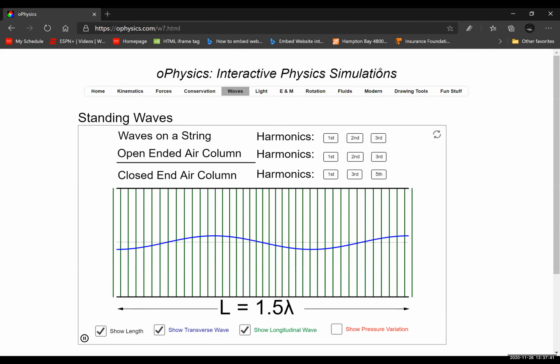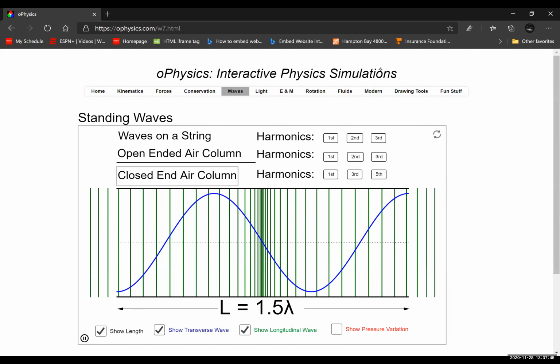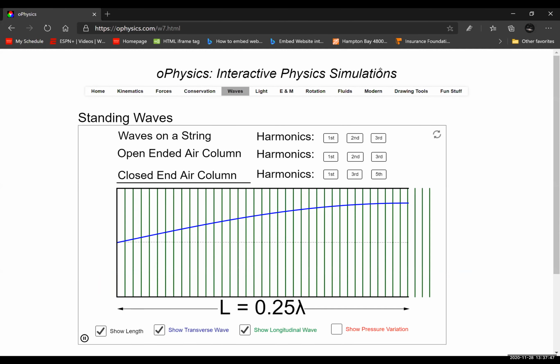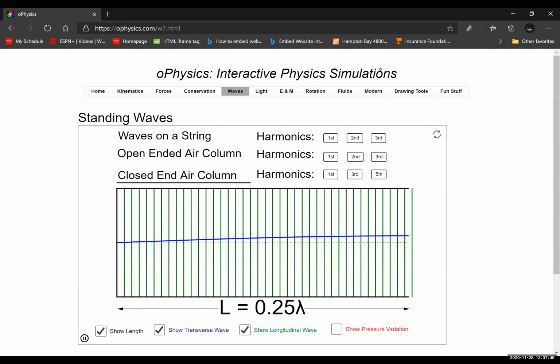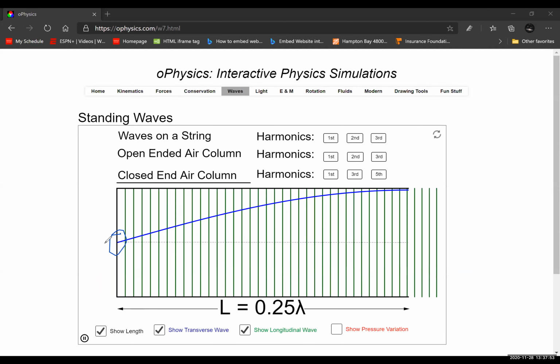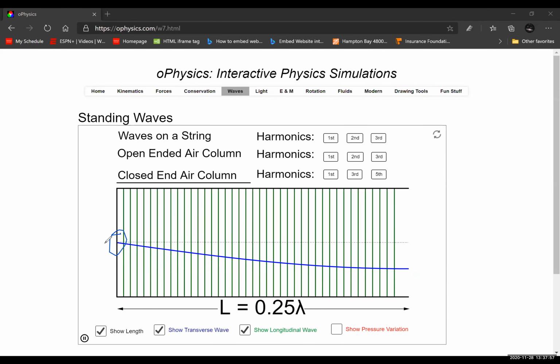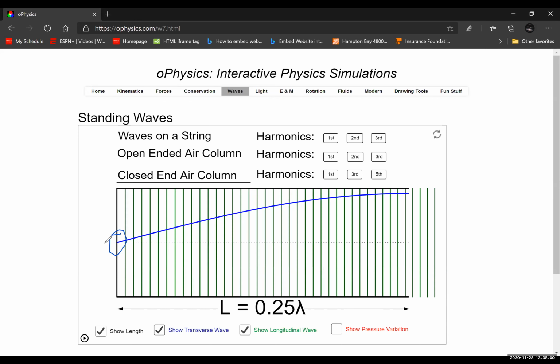All right, so then let's look at the closed end air column. Look at the first one if it's closed end. This left end is a node, so there's a node over there, and the wave goes like this. So there's an antinode on the right side and a node on the left side.